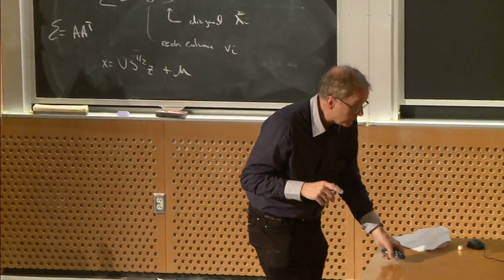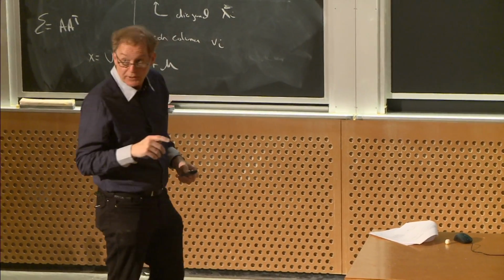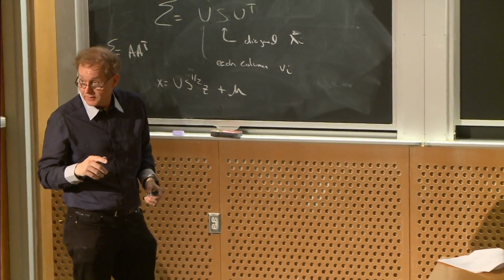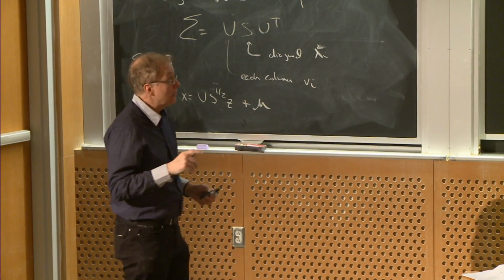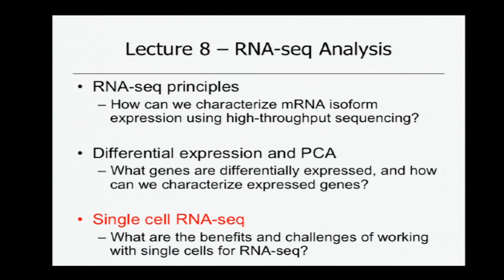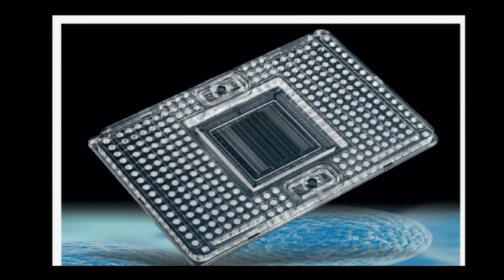All right, well, if there aren't any brave souls who wish to ask a question, we'll turn to single-cell RNA-seq analysis. So I'm a firm believer that single-cell analysis of biological samples is the next big frontier, and it's being made possible through devices like this.